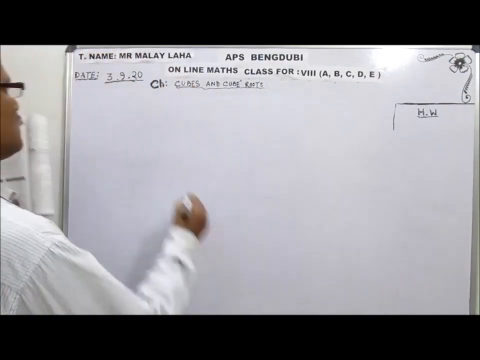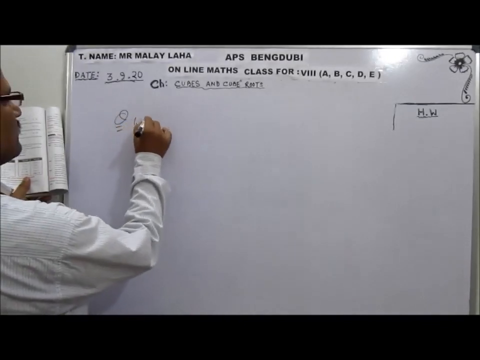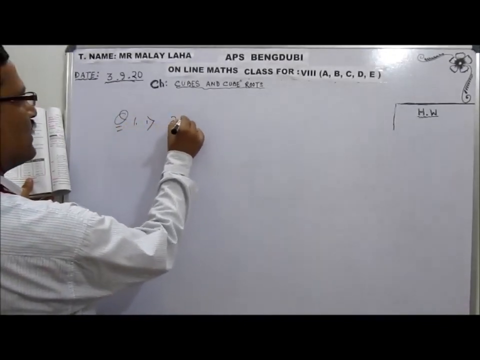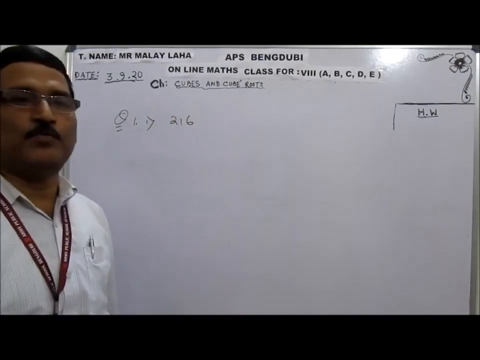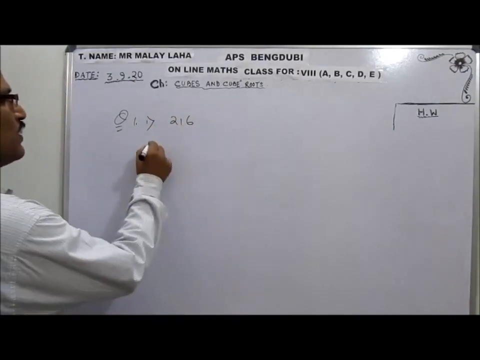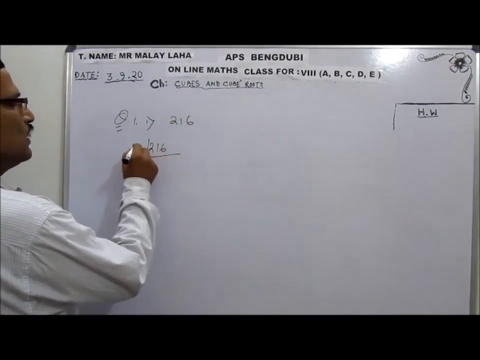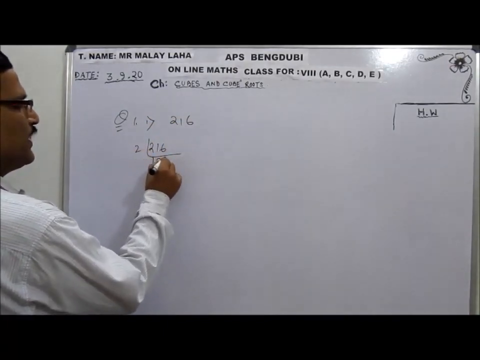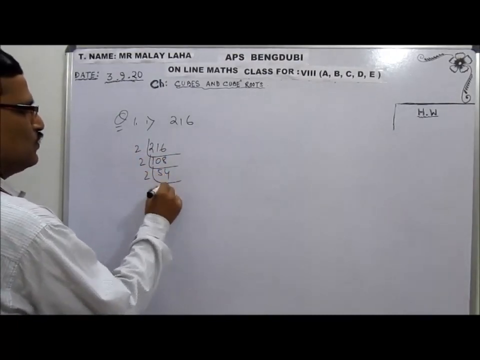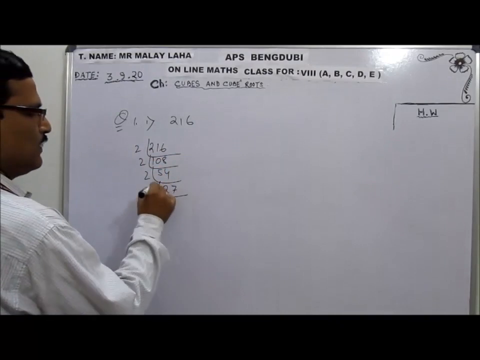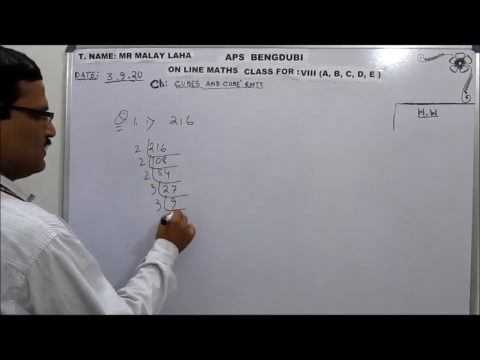Now the first question is coming. Question number 1, part 1: 216. They are asking whether it is a perfect cube number or not. Just perform the factorization of 216. 108, then 54, 27, 3, 9, 3, 9.